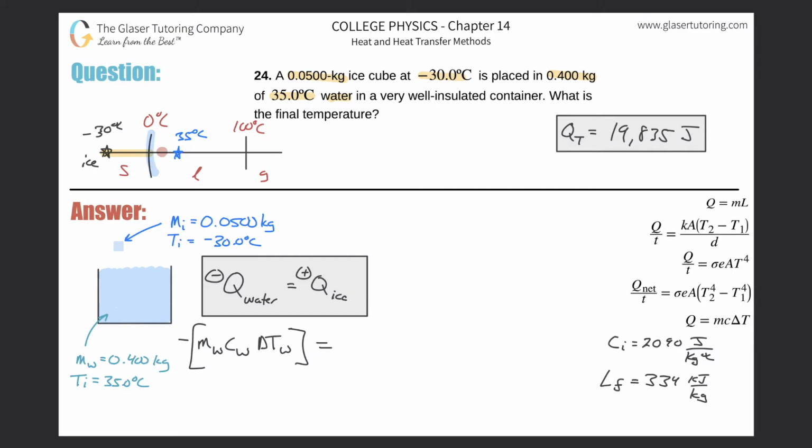Now let me set this all up, okay? And then I'm not going to calculate again because we already did. But let me set it all up. So now we know that the heat absorbed by the ice, there's going to be 3 phases to it. One phase here in yellow, another phase here in blue, and then the third phase will be somewhere from 0 to that final temperature. Okay?